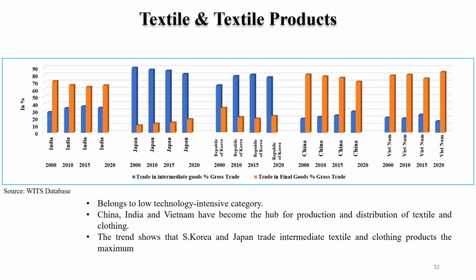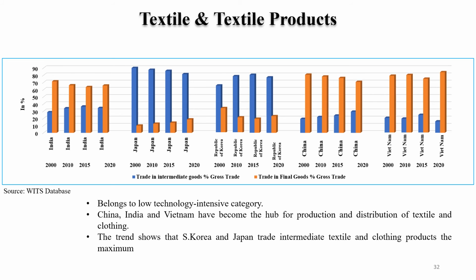In the case of textiles, Japan and South Korea mostly export machines and synthetic fabric of man-made fiber. So in those cases, trade in intermediate goods is very high. We can see that China and Vietnam are exporting final goods, mostly garments and related things like fabric.